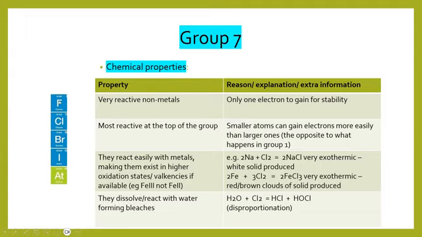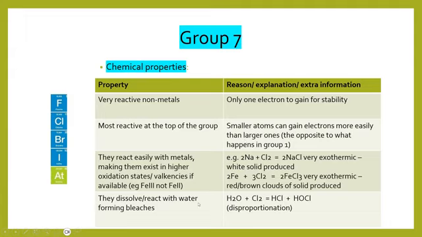But that's not true, because it's much easier to steal an electron from something if you're very small and you can get your nucleus close to it than if you are huge. So the outermost electrons in iodine are a very long way from the nucleus. So the nucleus, although it has a lot of protons, will not pull an electron as well as fluorine. So the smaller atoms are better.